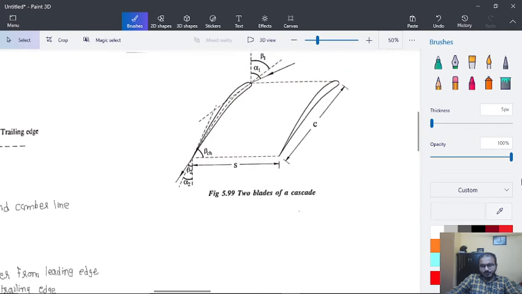So here S is the blade spacing or pitch.